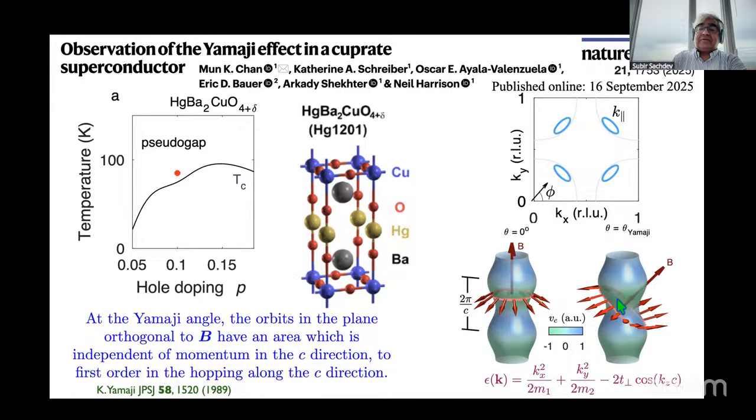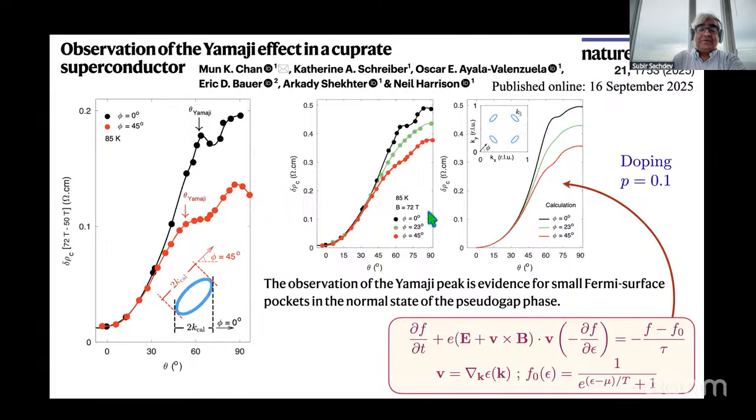And once you know the angle at which you have that peak, knowing the angle and knowing this spacing, the c-axis spacing, you can read off the area of the Fermi surface just from geometric arguments. So that is exactly what they saw. Here's the Yamaji peak. Here's the full data as a function of theta for different values of phi. Phi is the in-plane angle.